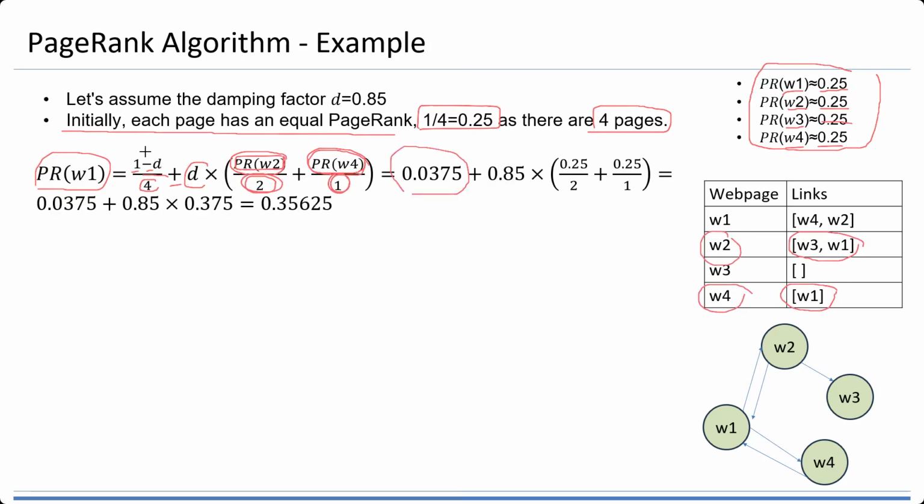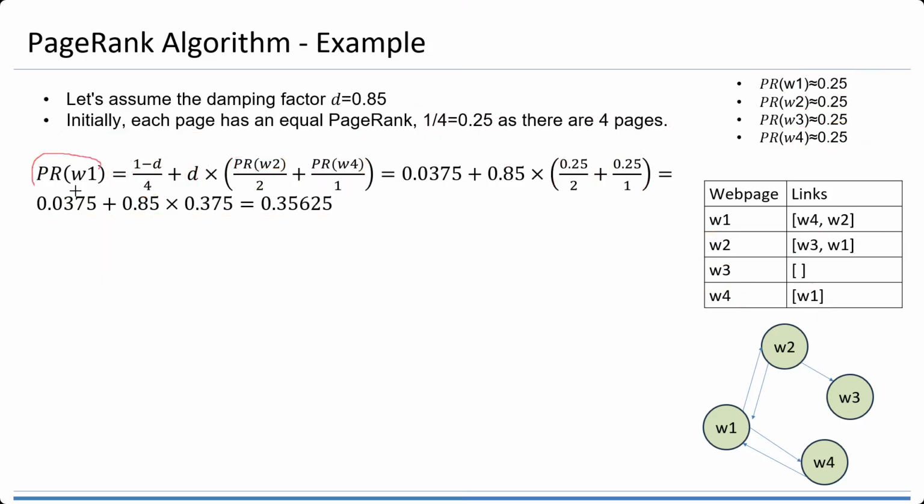This is the result: 1 minus 0.85 divided by 4 is 0.0375. And then d is 0.85 multiplied by 0.25 divided by 2, plus 0.25 divided by 1. We can get this value. So this is the PageRank of Web 1.